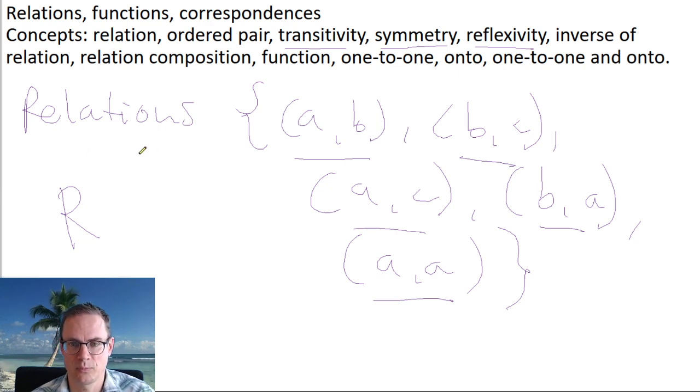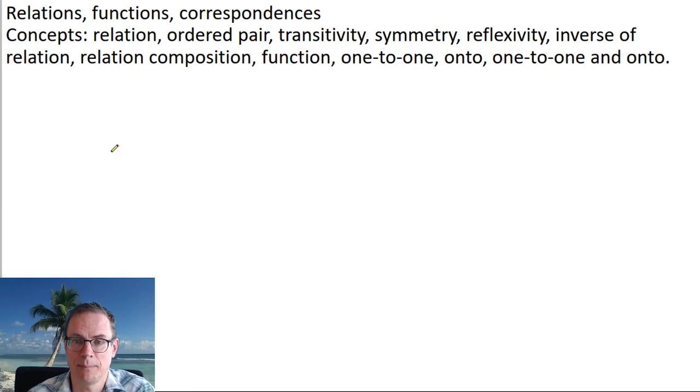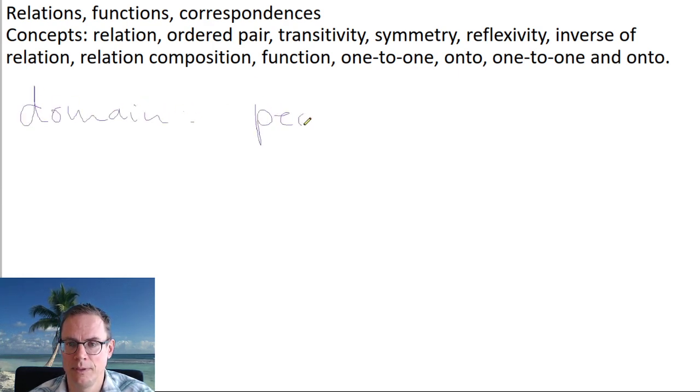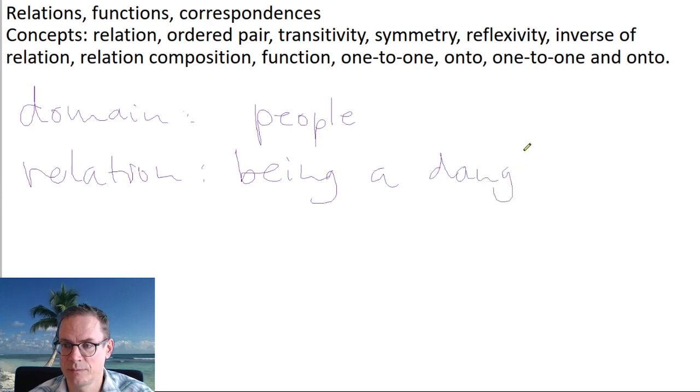So let's say that our domain is people, and a relation is being a daughter of. Then we can ask, is this relation transitive? Is it symmetric, or is it reflexive?